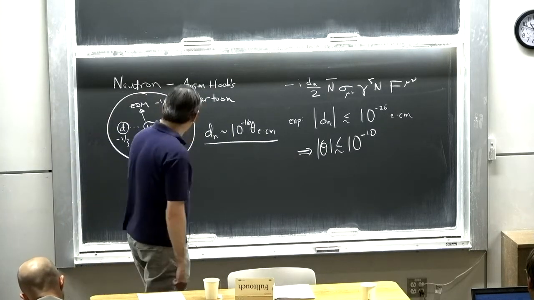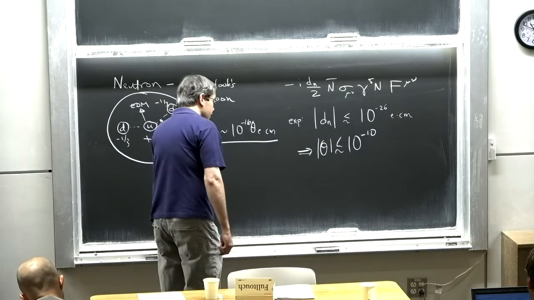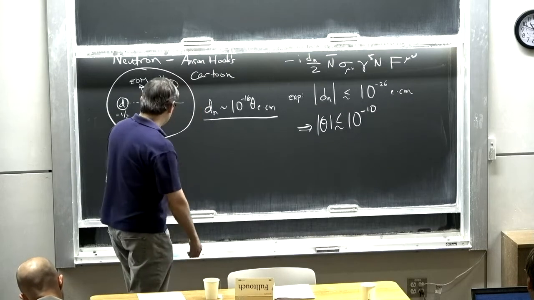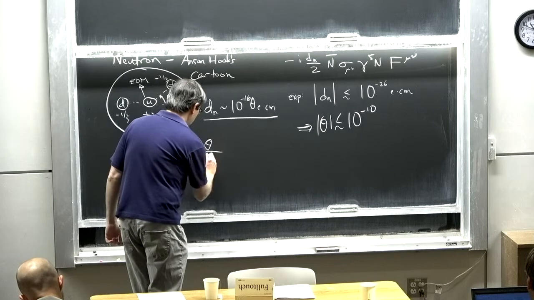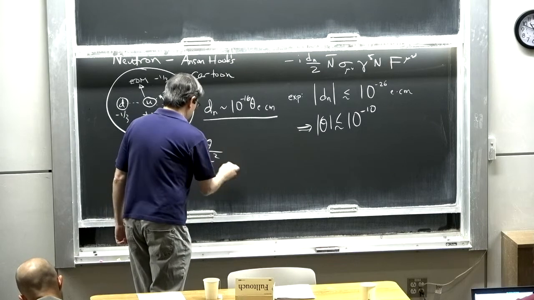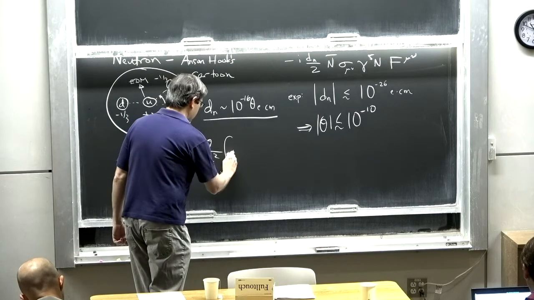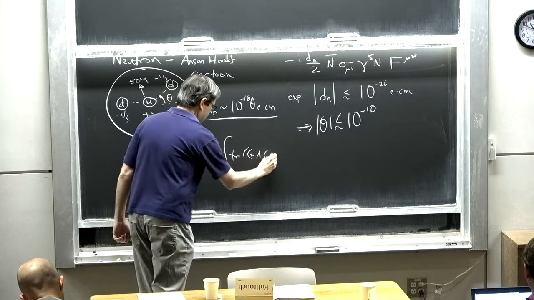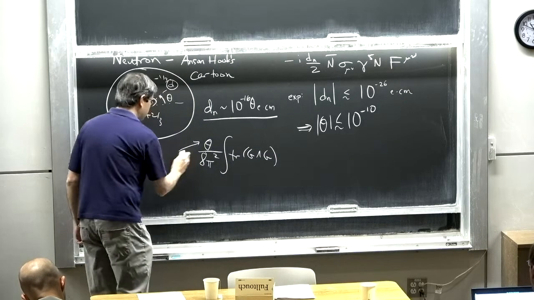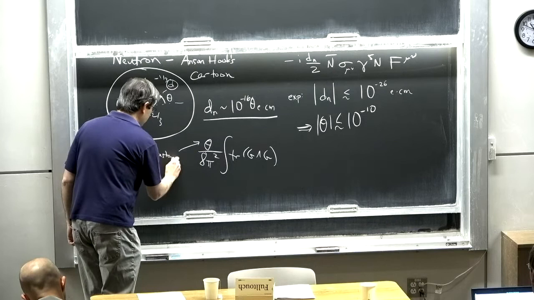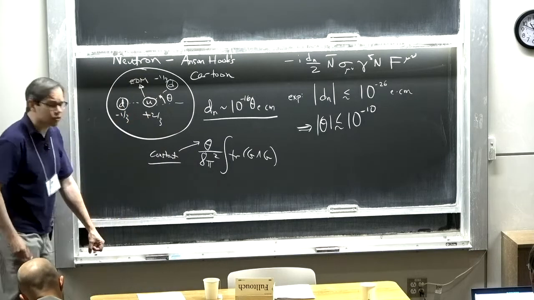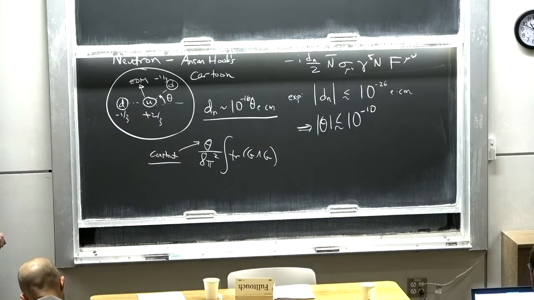But the cartoon is not inaccurate, even though it's a cartoon. And what's really going on is I could add this coupling in my Lagrangian. Okay, theta is a constant. It couples to gluons. That's what we talked about last time.